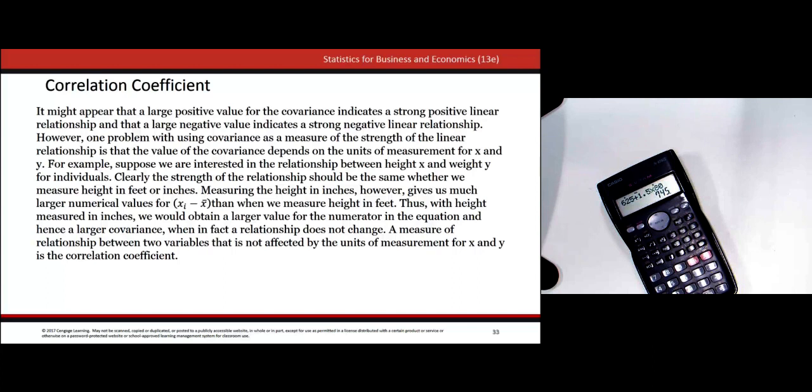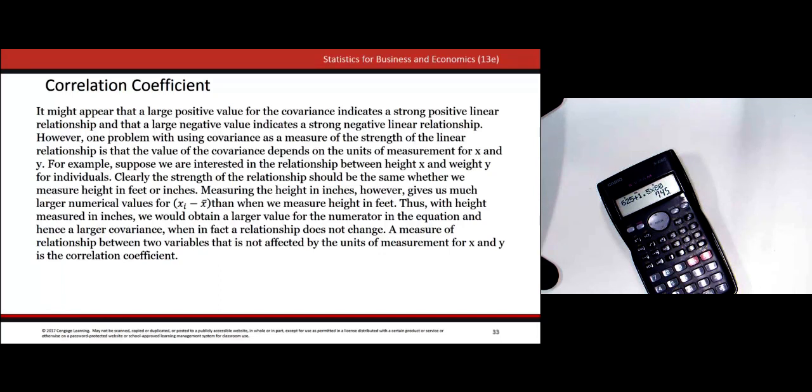You can measure height in inches or feet. If you measure the height in inches, then you obtain a larger value for the numerator in the equation, and then you have a larger covariance. But in fact, the relationship doesn't change.